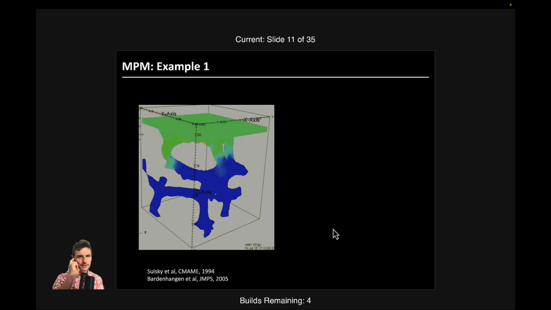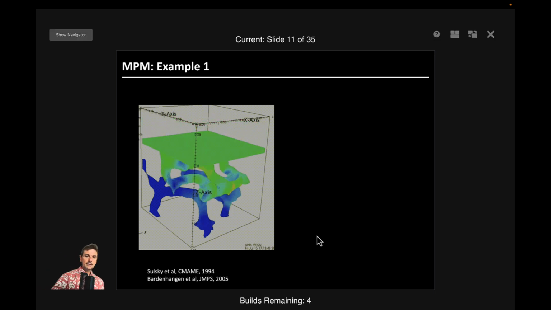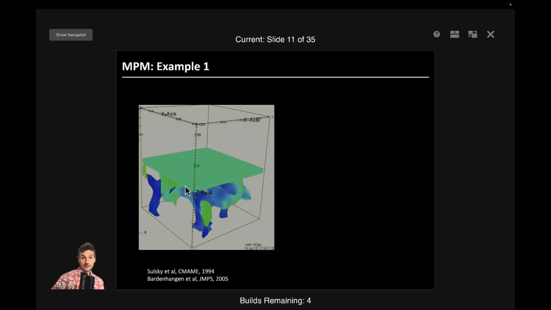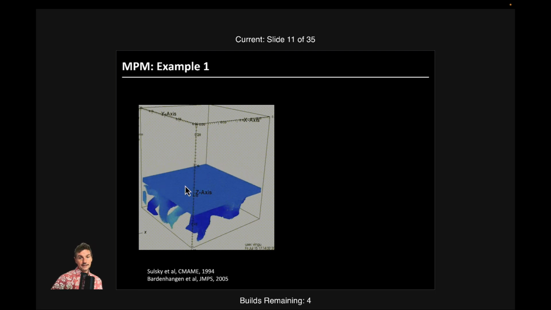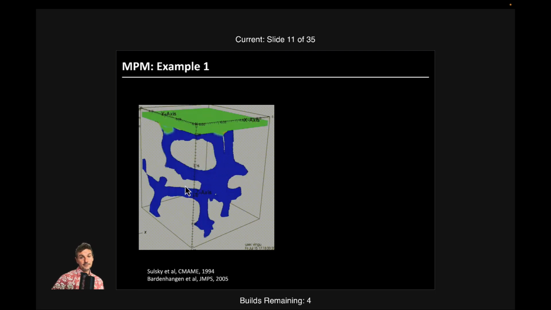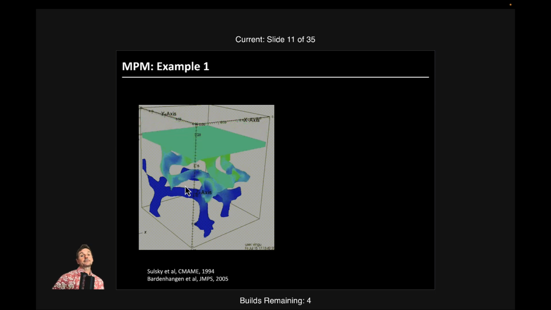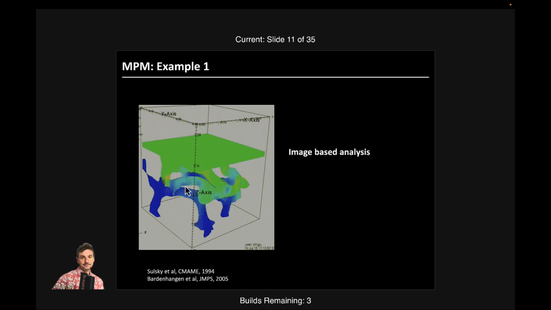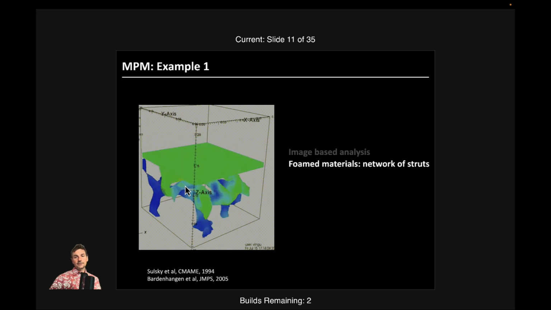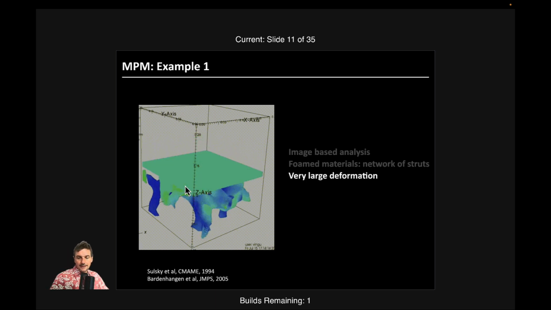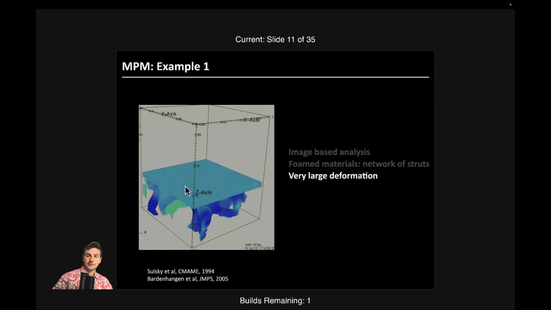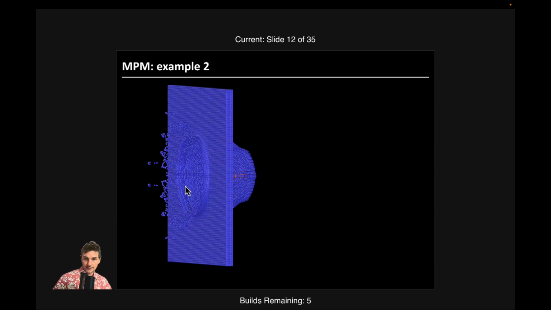This is a very, very difficult problem with self-contact. There is a self-contact here at the interfaces. These problems are really difficult to solve. This is not something that you do with finite elements in any simple way. But you see here that the problem is solved fast, let's say, and accurately. And this is done by image-based analysis with huge deformations, really enormous, with self-contact.